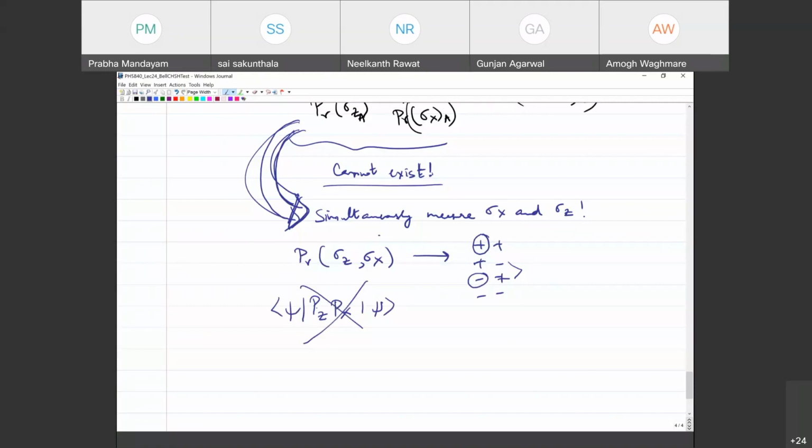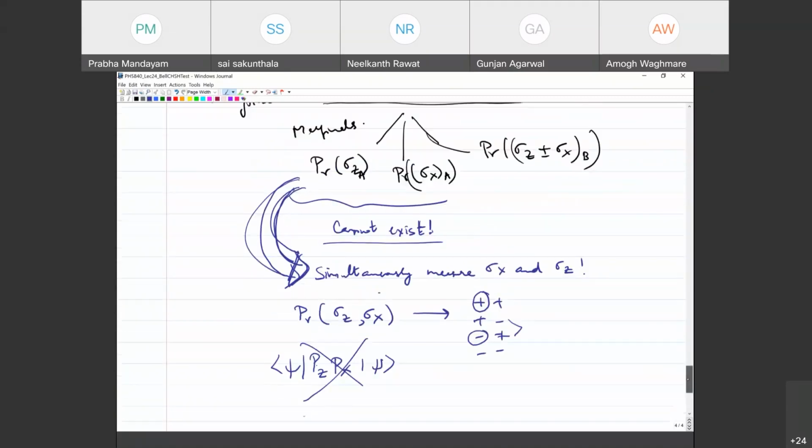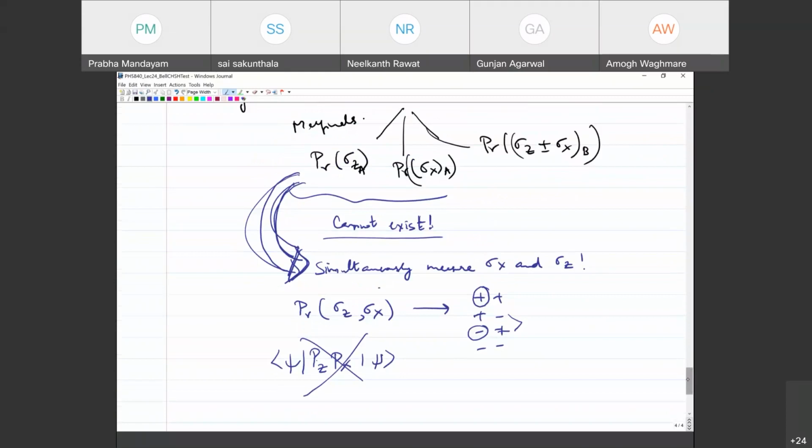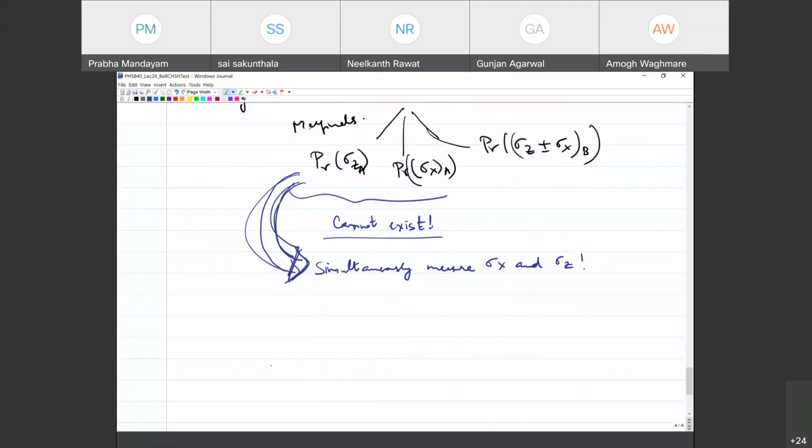Is the idea clear now? Yes, ma'am. So that's the point, that you cannot simultaneously measure these. So you cannot have a joint probability distribution whose marginals will give you the statistics for X and Z, right? Because as we discussed, there is a certain uncertainty relation in play: if I have an X measurement and follow it up with a Z measurement, it completely scrambles the information in the X basis.